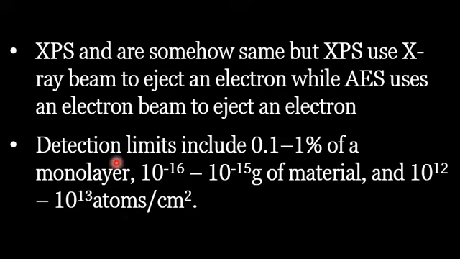So this means that Auger electron spectroscopy has a limit in detection. They are basically ejected from a very small portion of the material, which is in the range of 10 to the power minus 16 gram to 10 to the power minus 15 gram, whereas the volume of the material is around 10 to the power 12 to 10 to the power 13 atoms per centimeter square.